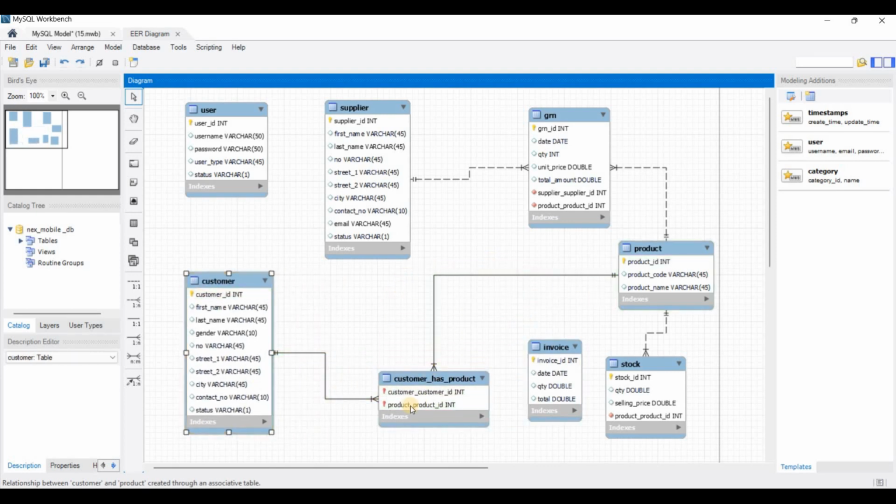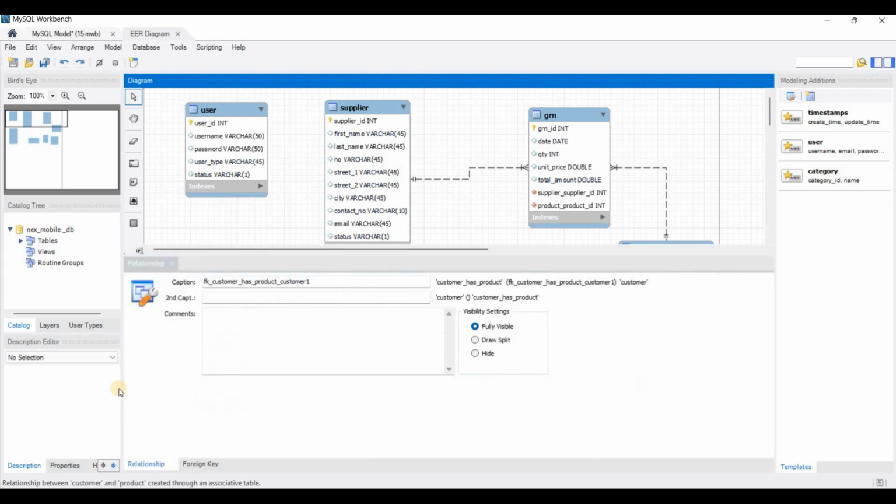You can see another table has been generated. This is how the many-to-many relationship is represented, and I'm going to change this relationship. This line means an identifying relationship, so I'm going to change it into a non-identifying relationship. I'm going to edit the relationship.